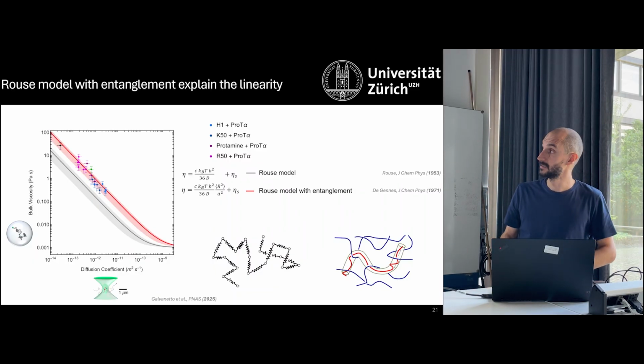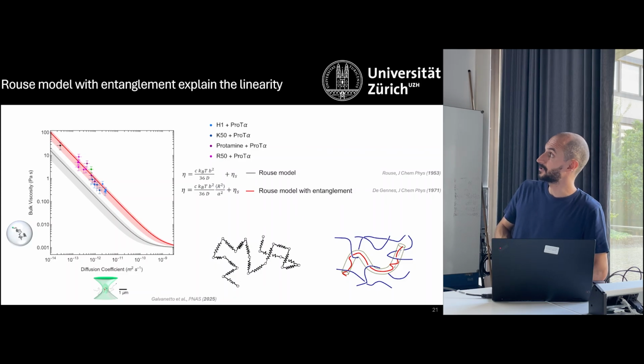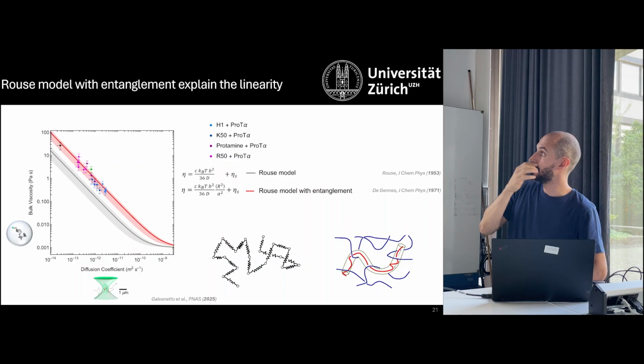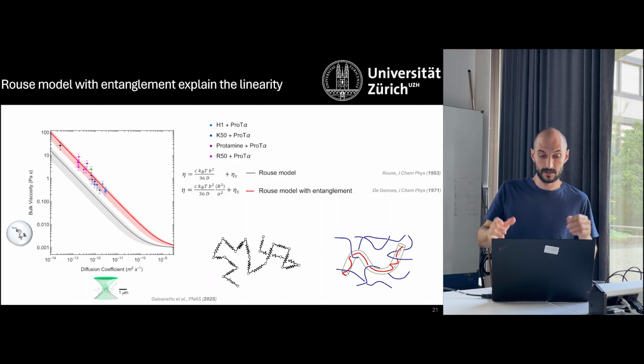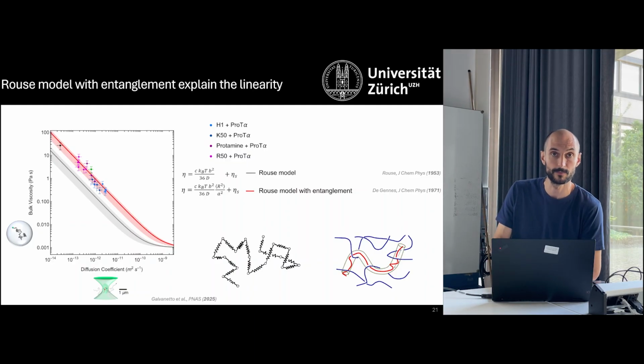And in this case, the prediction is very remarkable. The predicted tube diameter is what we expect in terms of the mesh size that we measure, on the order of 3 nanometers, 3-4 nanometers.